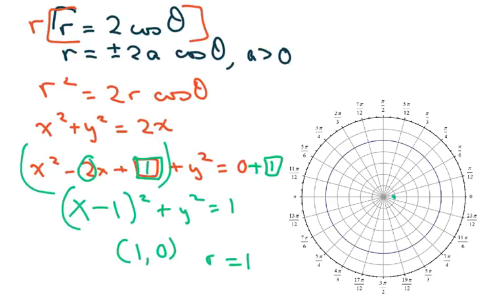So I'm going to go up 1 here and here. It's kind of hard to draw going this way, but we're going out to 2 here and to 0 here. And then you can just kind of draw your circle like that. Okay? And there it is.